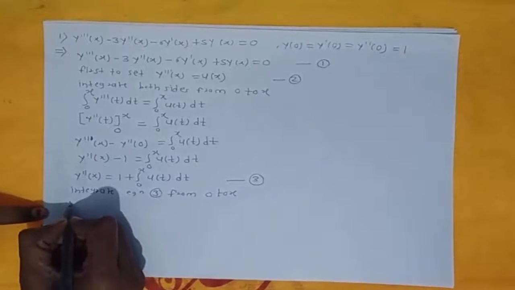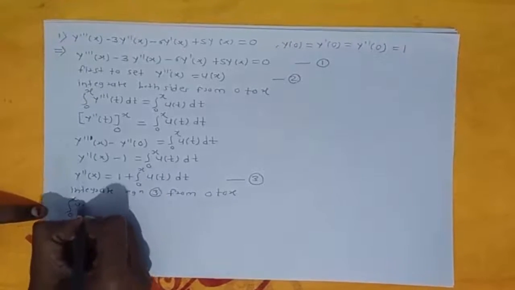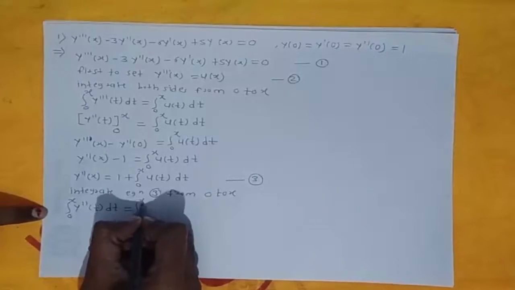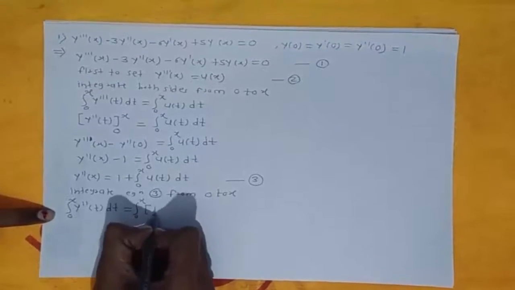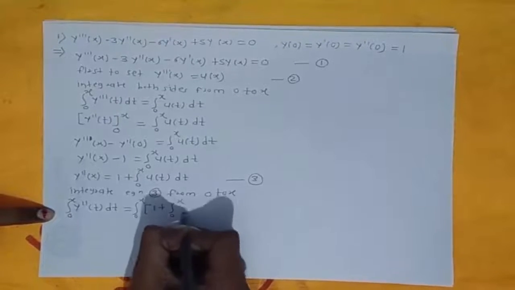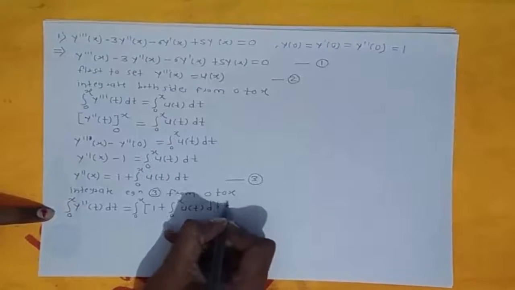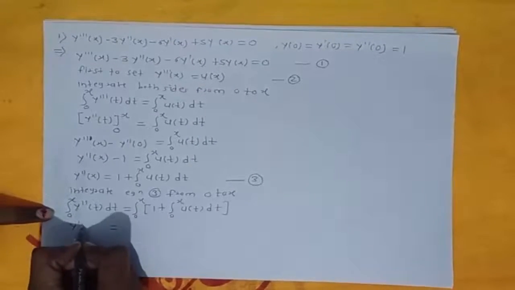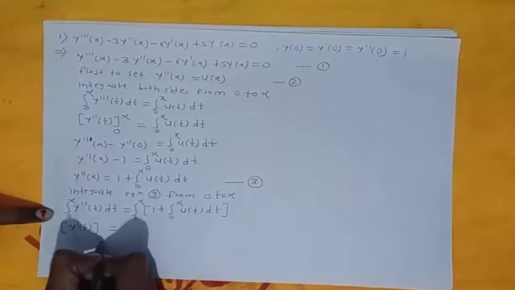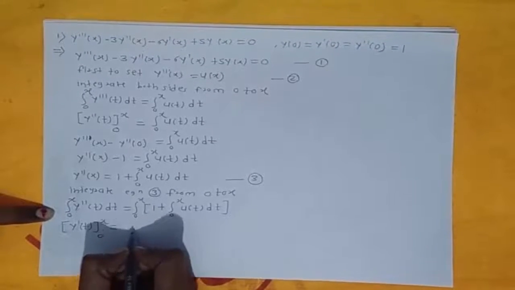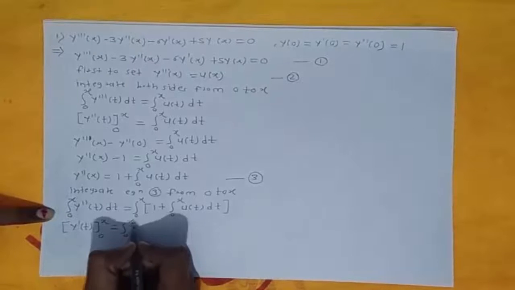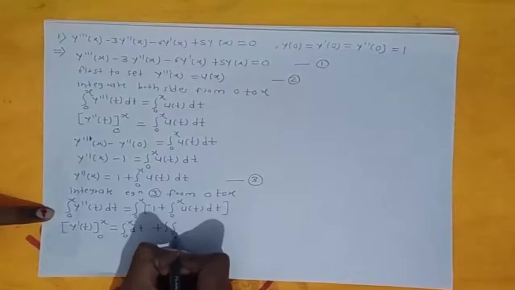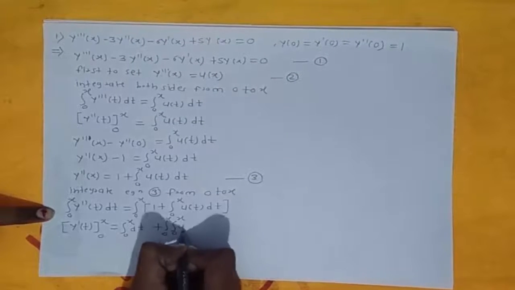Then by integrating on both sides we get integration from 0 to x y double dash of t dt is equal to integration from 0 to x of the bracket 1 plus integration from 0 to x u of t dt. That is equal to integration of y double dash of t, which will be y dash of t from 0 to x, and here we separate this integration. We get 0 to x only dt plus double integral from 0 to x u of t dt.